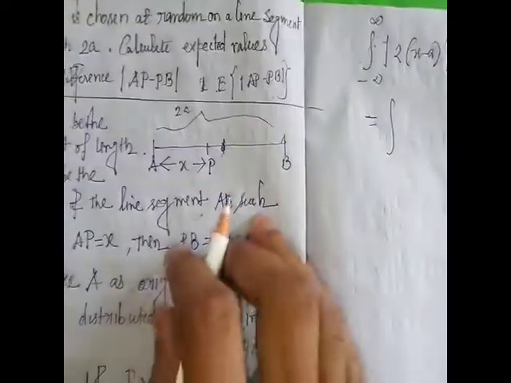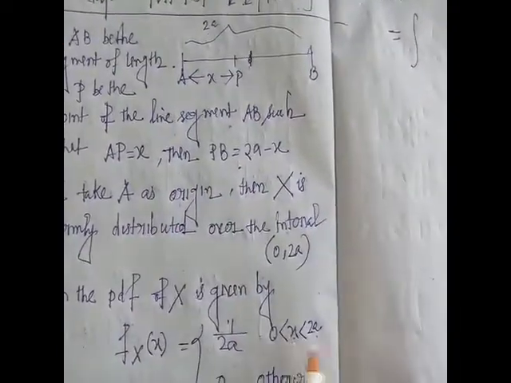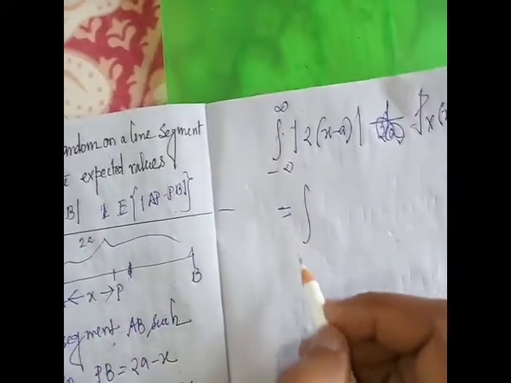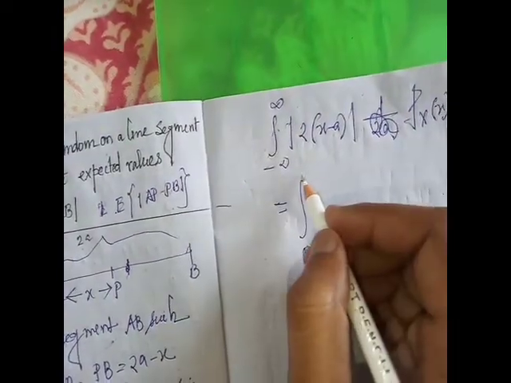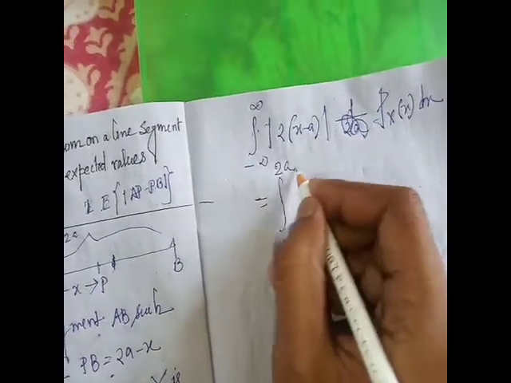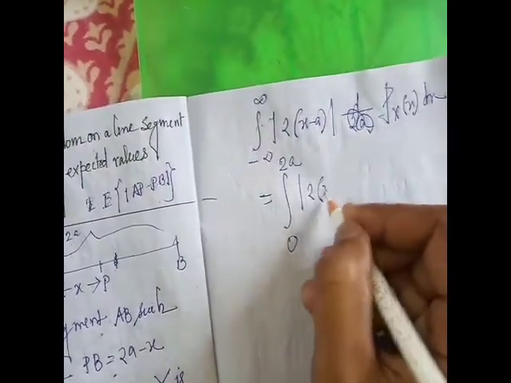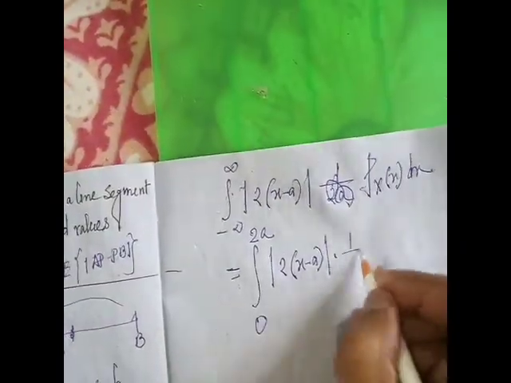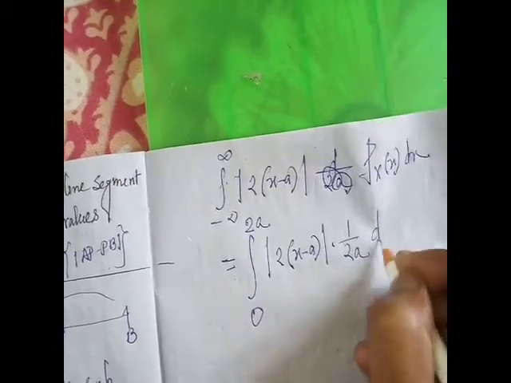Since f of x takes value only in the interval 0 to 2a, the integral outside is 0. So the integral from 0 to 2a of mod of 2(x minus a) into 1 by 2a dx.